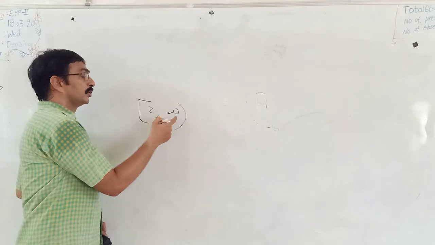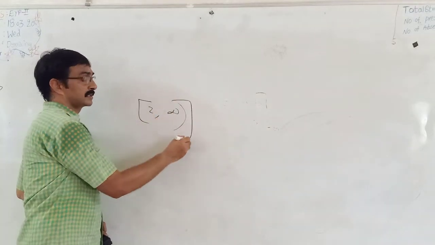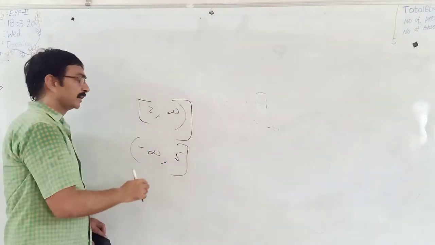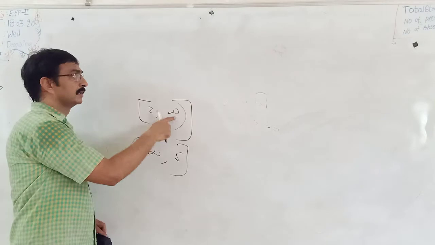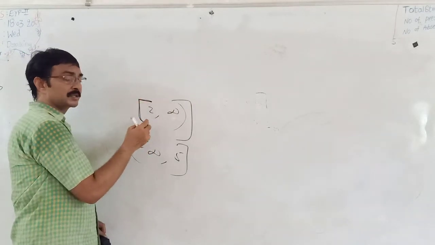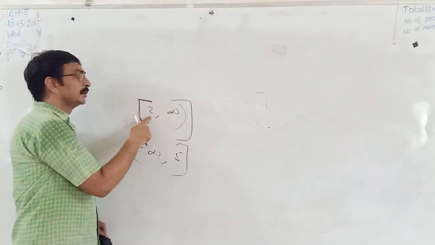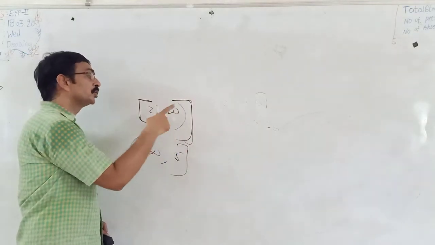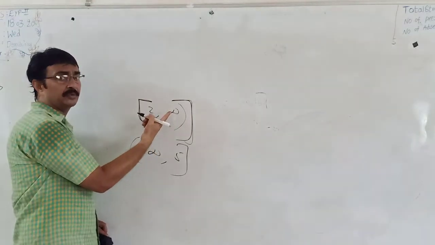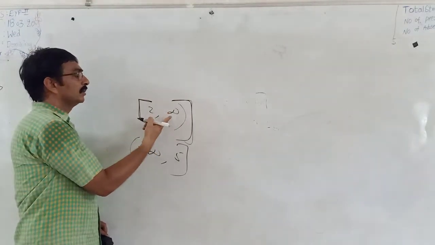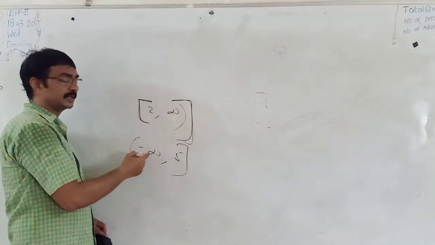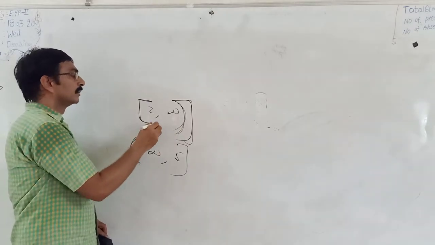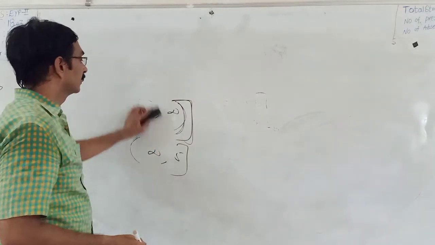Don't take a closed interval at the infinity side or minus infinity side, because those values do not exist. Closed interval means including that value. If we write a closed interval at the infinity side, that means including infinity, but we don't know the value of infinity. So at the infinity side or minus infinity side, the interval must be open. Otherwise that is meaningless.